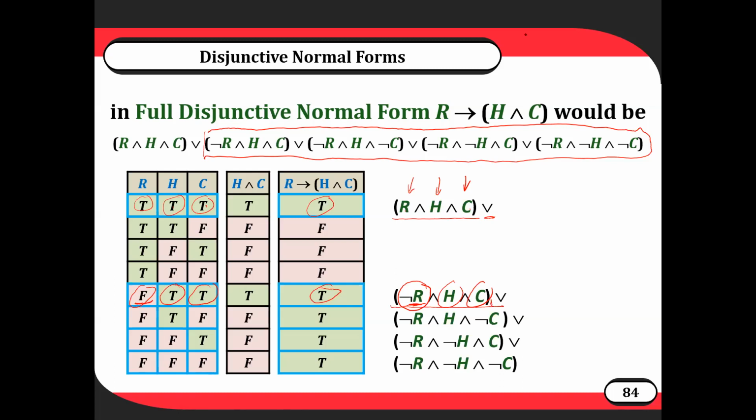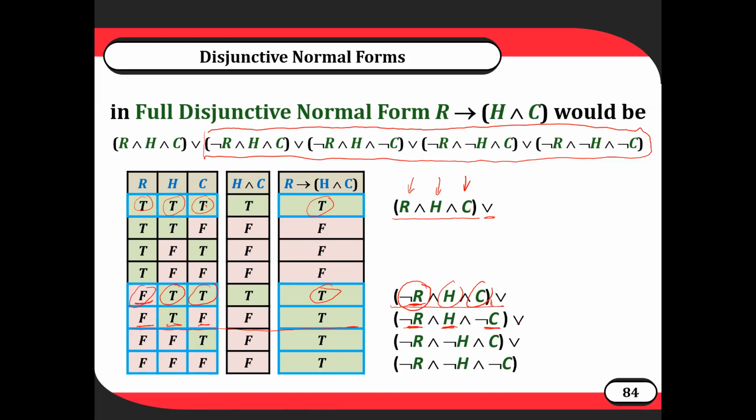So you will need to use full disjunctive normal form to prove it's a contingency. We'll discuss that, but basically each of these conjunctions corresponds to 1 row in our truth table. So here we have false, true, false, which corresponds to not R, H, and not C.